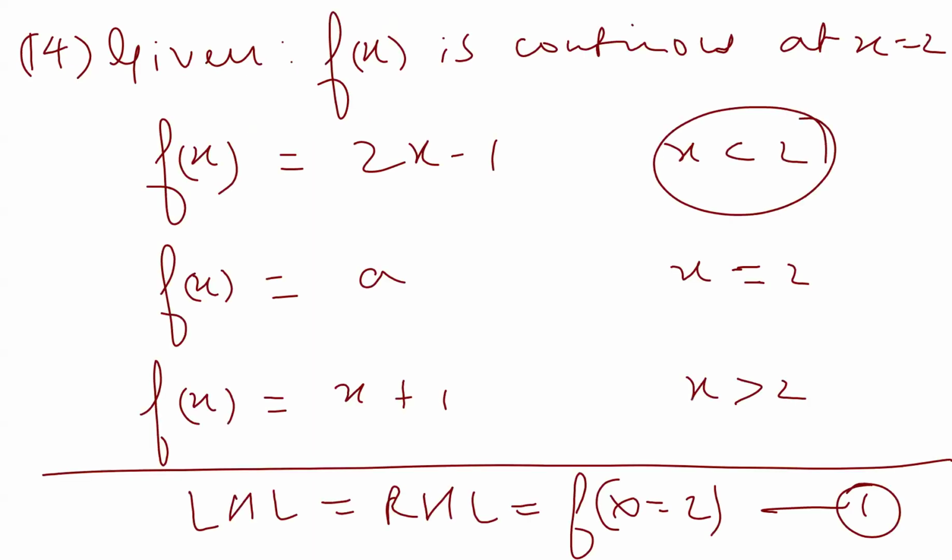LHL, limit x approaching 2 minus of f of x. So 2 minus indicates x is less than 2. For x less than 2, it is 2x minus 1. So let x be equal to 2 minus h.